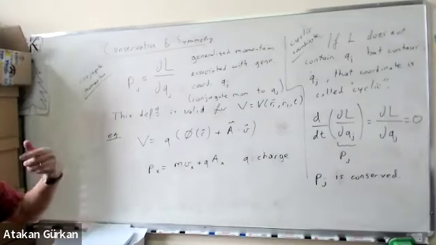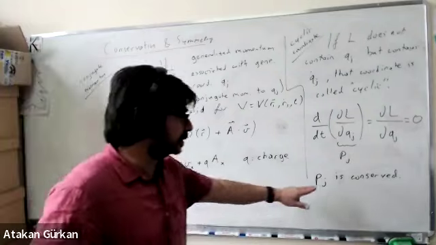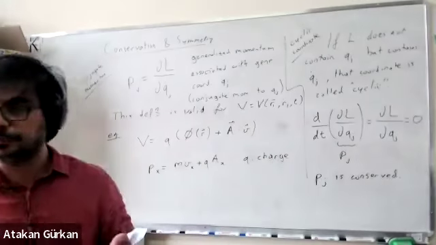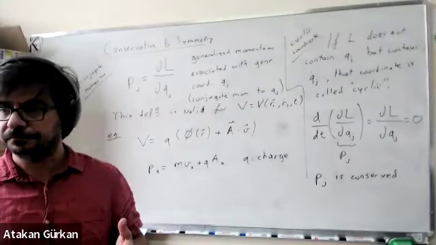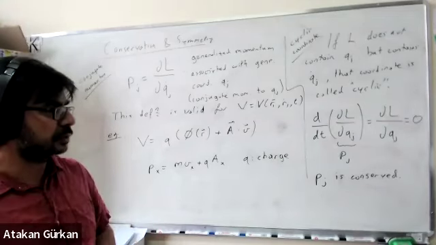Now, this is the usefulness. We are not going to go into too much detail here, but in principle, you can use this to eliminate that coordinate from your problem altogether. You can recast your equations in a way that that coordinate goes away.